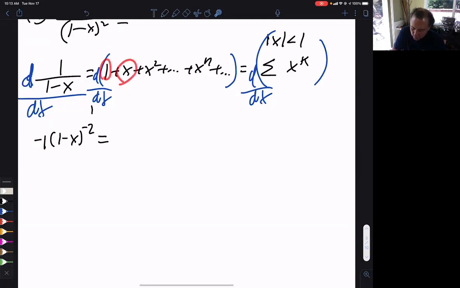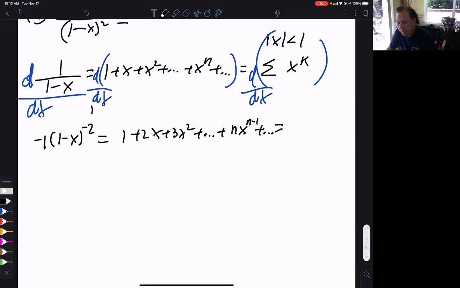The derivative of that is 1, and then you get 2x, 3x squared, plus dot, dot, dot, plus nx to the n minus 1, plus dot, dot, dot, which is, and then on this one, the k is going to come in front, and this becomes k minus 1.